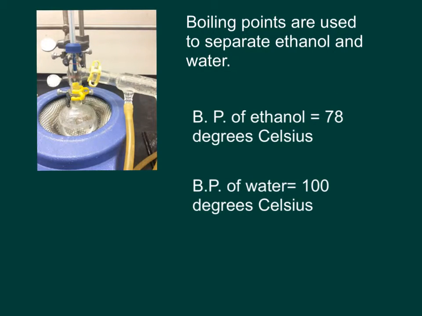Because both water and ethanol are polar and they are miscible, the boiling points are used to separate ethanol and water. The boiling point of ethanol is 78 degrees Celsius, whereas, as I mentioned earlier, the boiling point of water is 100 degrees Celsius. As a result, ethanol is more volatile and will completely evaporate before water does.